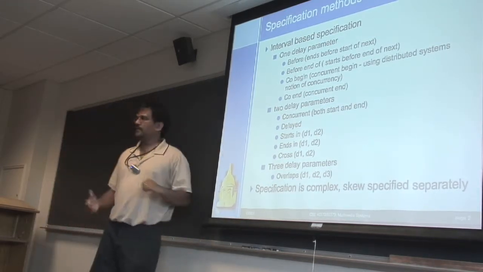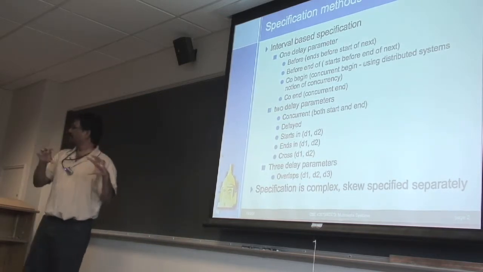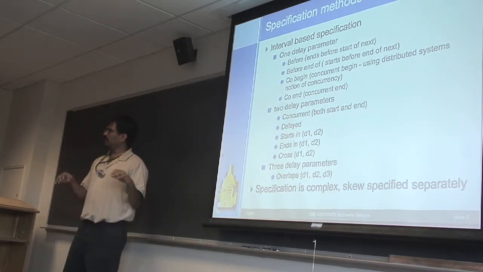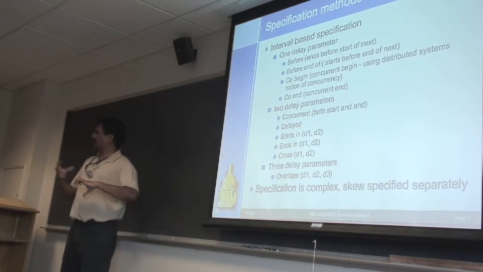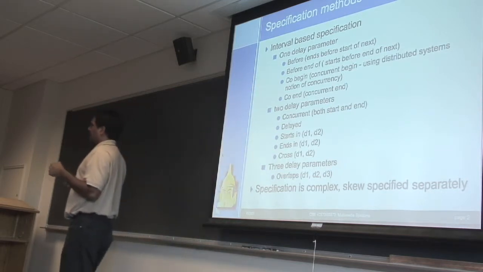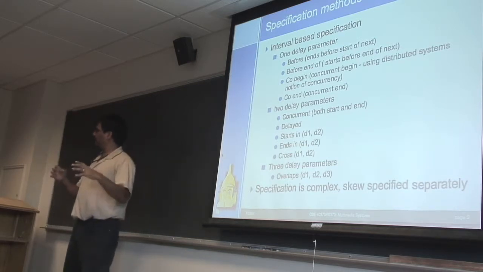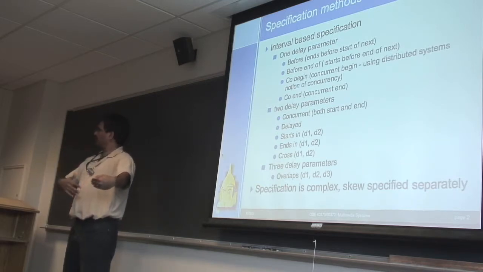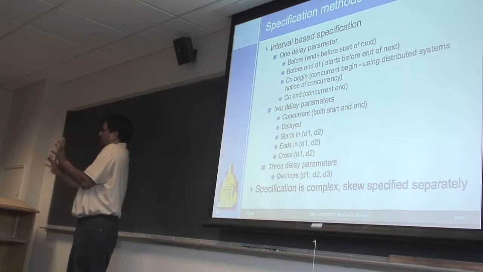One way is the interval-based specification, which can say what happens after, what happens before, based on time intervals. Even that gets pretty complicated depending on the different kinds of animations. For example, if you only specify one delay parameter, it can mean before, after, but before can mean before some animation ends, you do something.